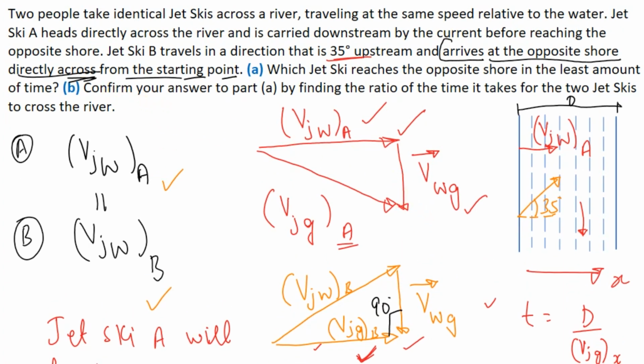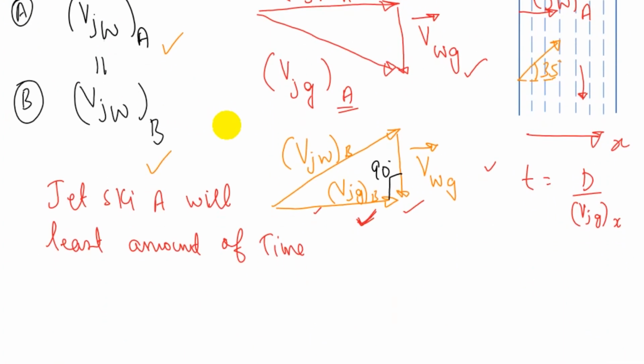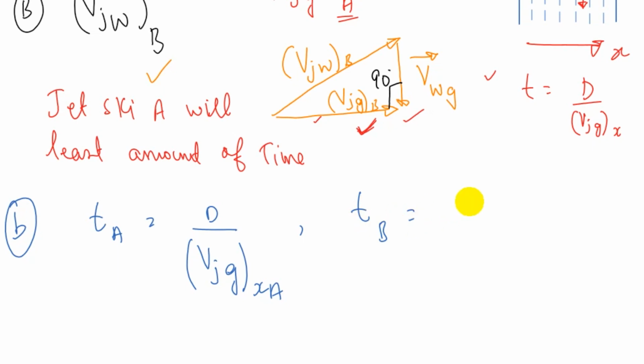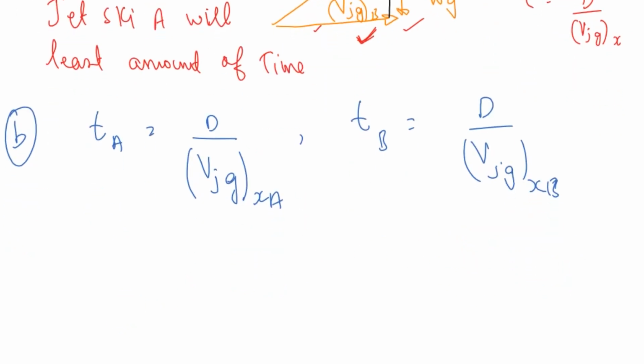Next, in part B, we have to confirm our result. Okay, so let's do it. Now time for A would be distance divided by the velocity of the jet ski relative to ground in the x direction. This is for A. We can write XA here because we are writing for A. And similarly, time taken for B would be D divided by VGJ, the x component for B. Now we can take the ratio TA over TB.